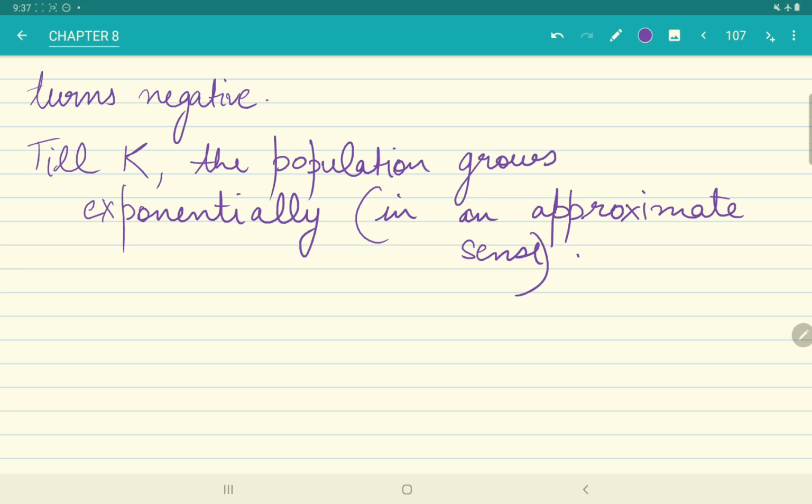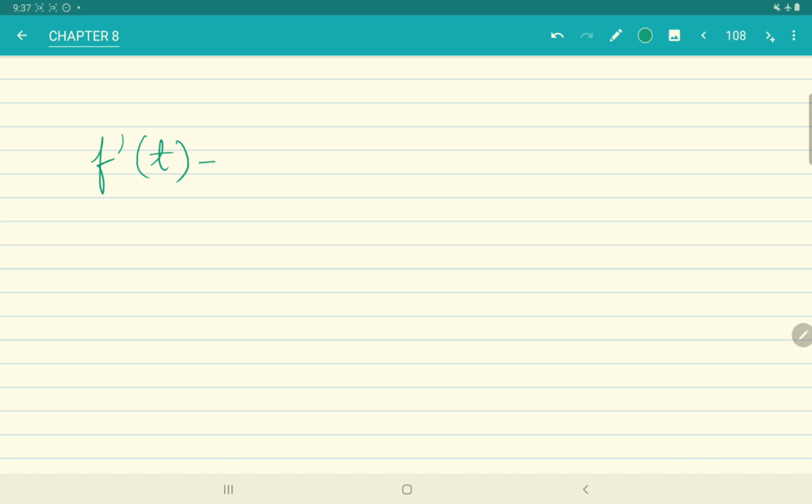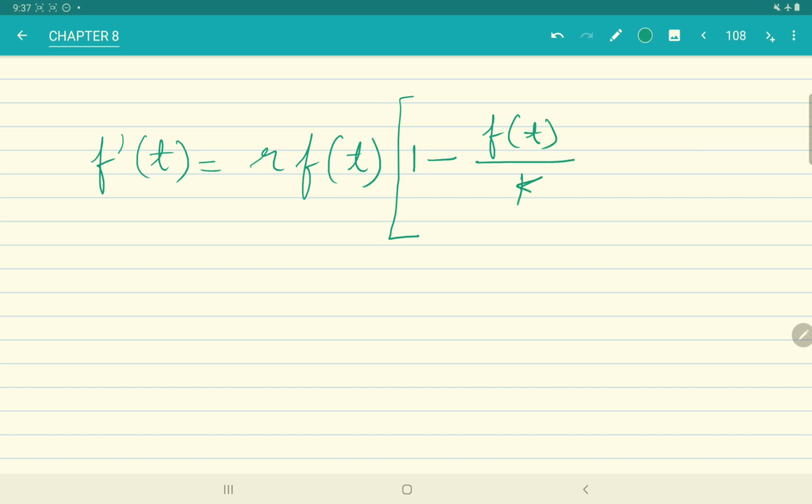Now, what we have assumed here can actually be expressed by this equation: f prime t is equal to r f of t times one minus f of t by K. Now here we can see that if f of t is small in proportion to K, that means the population is well below its carrying capacity, and this fraction is going to be really very small.